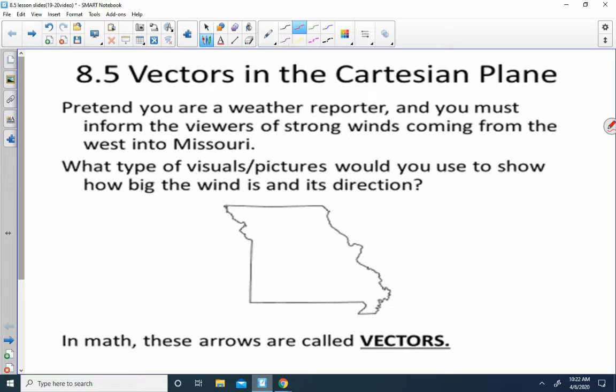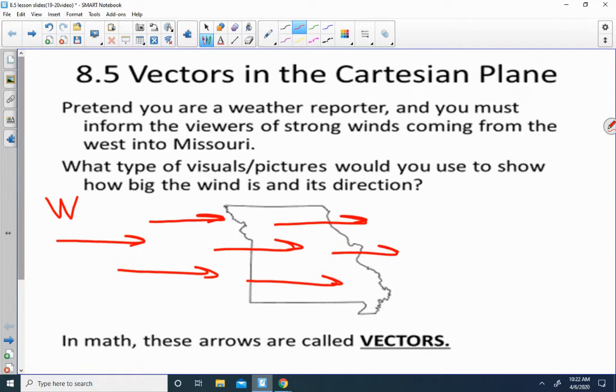Usually, most people answering this problem would first say, okay, over here's the west. And probably the easiest thing they would do to describe strong winds coming is to use arrows, saying, hey, these arrows represent the wind coming in from the west, just like that. And they probably say, oh, since they're big arrows, that means it's a big wind.